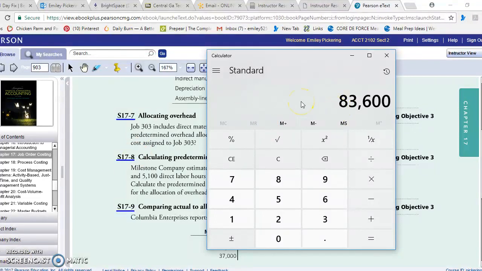As far as the adjustments go, if we underestimated, let's say our actual costs were $90,000, so we underestimated by 6,400, we're going to have to increase our cost of goods sold. So we would debit our cost of goods sold here. If it was the opposite, then we would decrease our cost of goods sold with a credit.